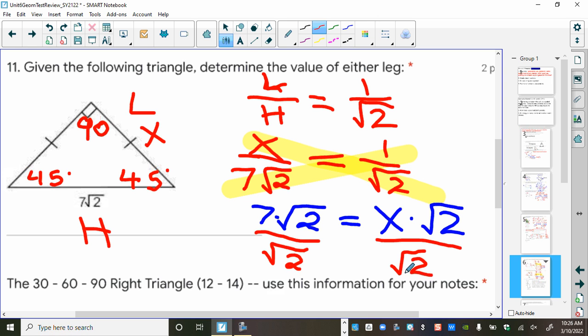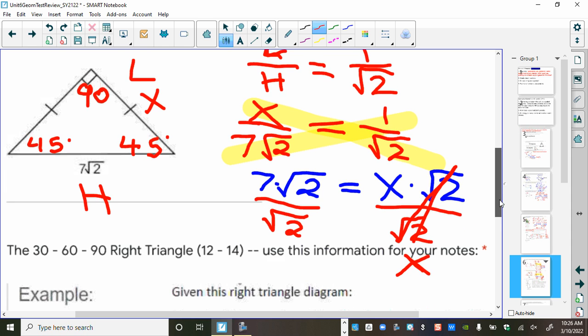What does that all become? Say it? Not nothing. 1. That's a 1. So in the end, you're just going to have an x. And then what happens to these square roots of 2? If it's the same on the top and the bottom, it's also a 1.